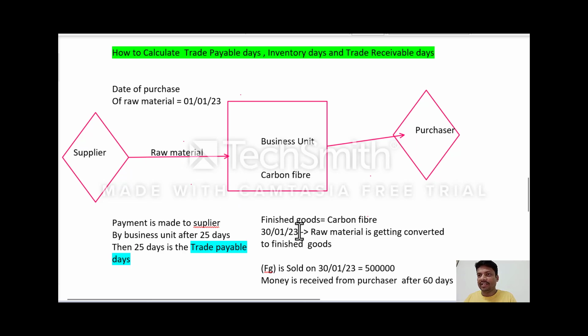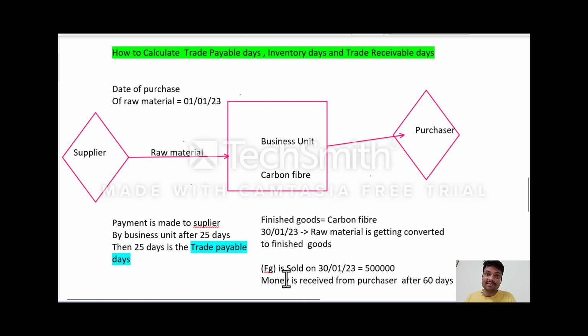The assumption is only to simplify things; then we will start ignoring the assumptions and see real world examples. So we'll assume that on the same date the finished goods are sold to the purchaser. The purchaser buys the finished goods, but the money is not received on the same date.